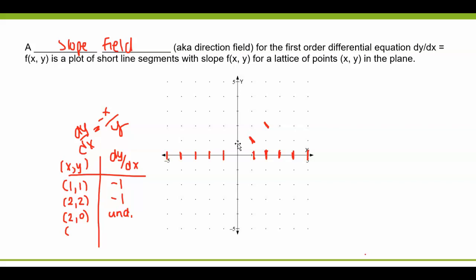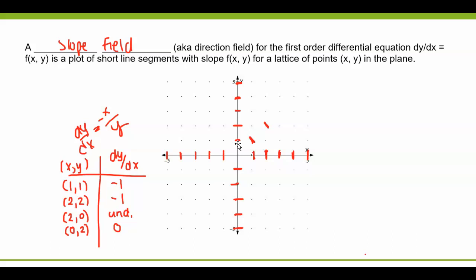If you picked the inverse point, (0, 2), now your slope is 0, which is a horizontal line. And anytime your x value is 0, my slope is 0. And this process could be continued for all of the points.